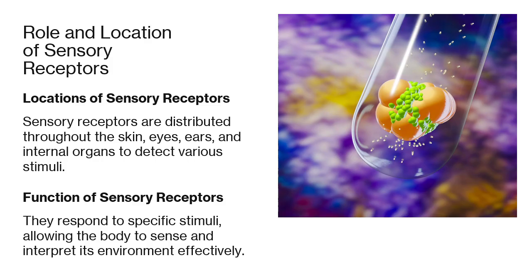So if you think back, when we did the integumentary system, one of the things we did talk about was all those different touch receptors found in the integument, in the skin. And those would be sensory receptors that we were talking about, with all those different types of sensations they could get.